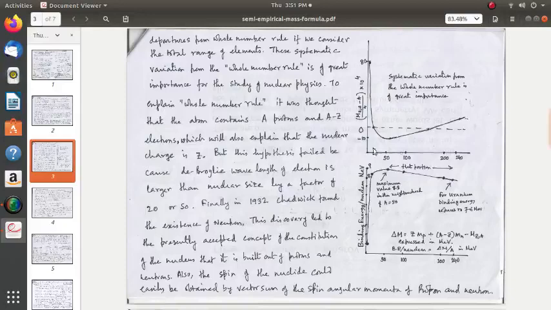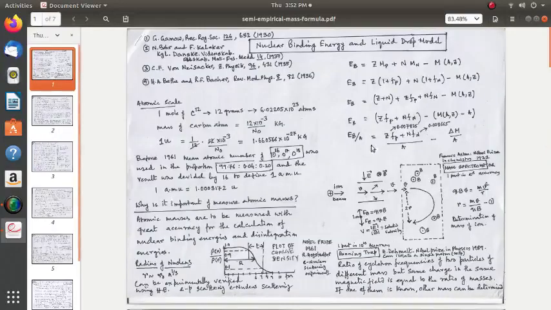Once we have this picture, we can define the packing fraction as (M minus A) by A, and we have a clear physical significance. From here we know that there is a relation between the packing fraction and binding energy.